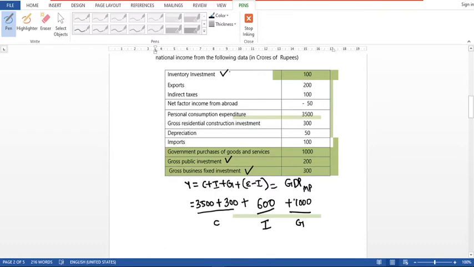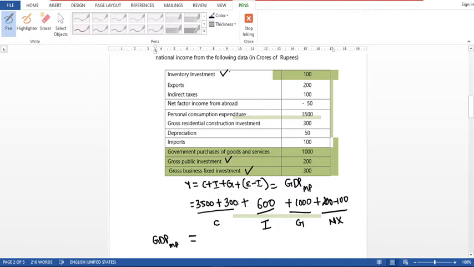Is it alright? Plus export minus import: export is 200 minus import 100. This will be net export. Is it alright? This will be GDP at market price. Is it alright? These are goods and services manufactured in India.